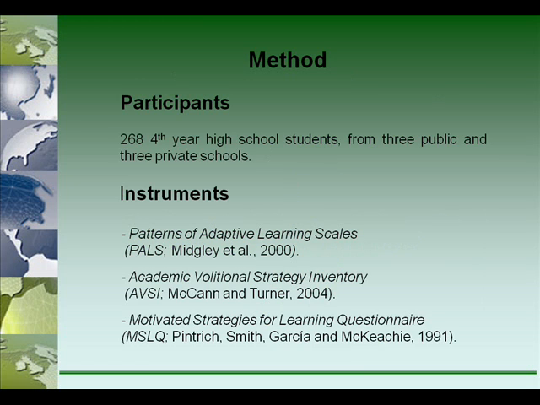The investigation was developed with 268 fourth grade secondary school students from public and private schools in a northwestern city in Spain. The instruments used were the Patterns of Adaptive Learning Scales, the Academic Volitional Strategy Inventory, and the Motivated Strategies for Learning Questionnaire.